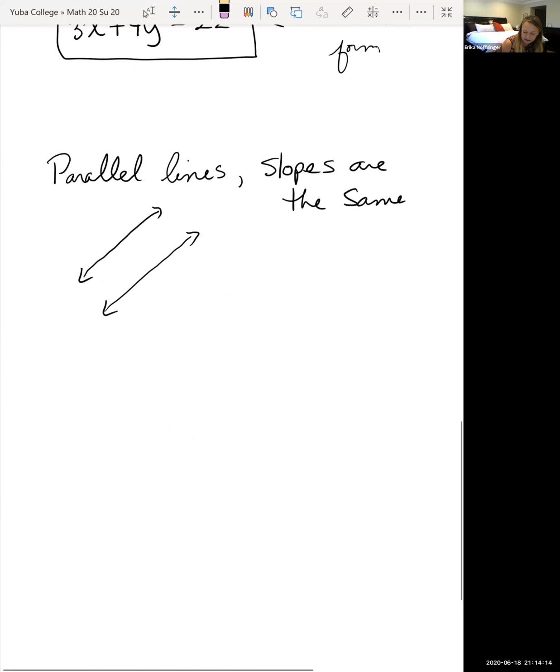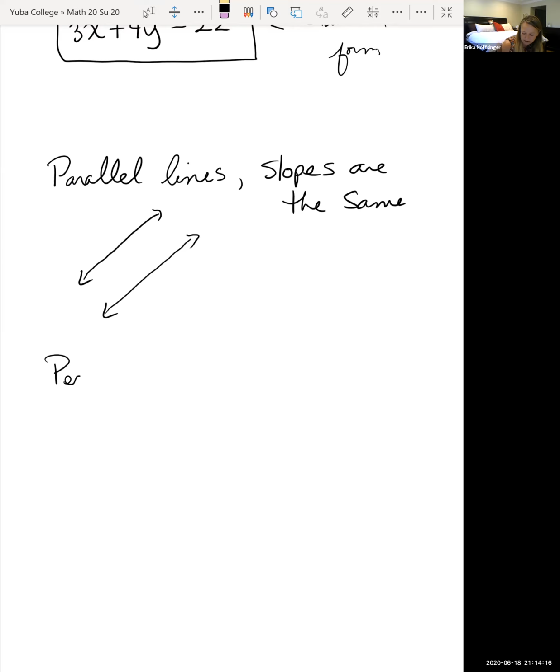Perpendicular lines. That is where you have two lines that intersect, and if they're intersecting one another, they're intersecting at a 90-degree angle.